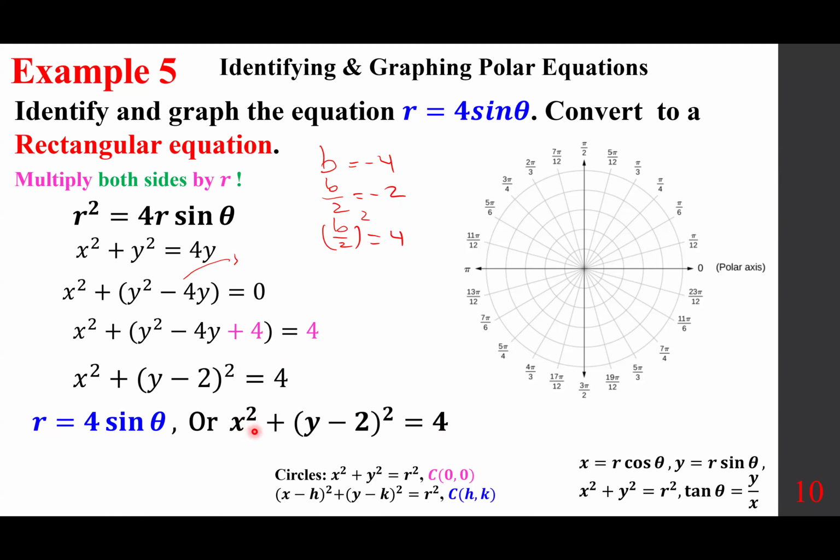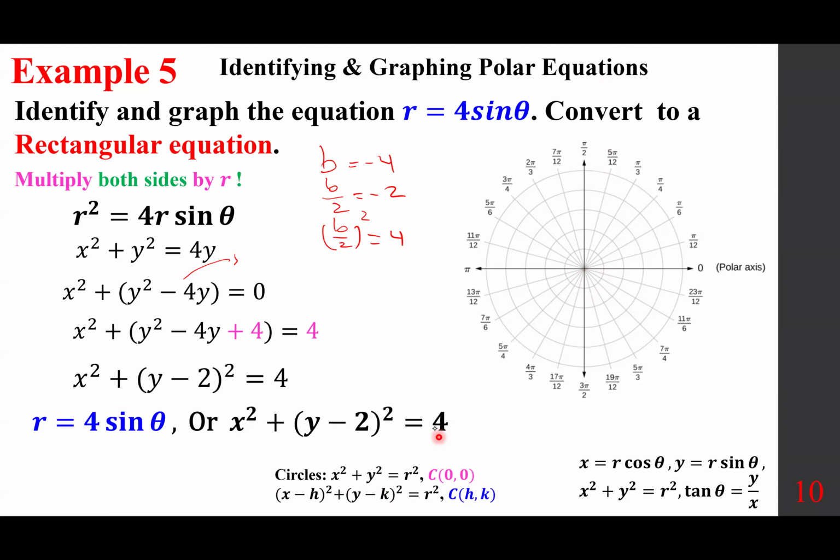Using x minus h quantity squared plus y minus k quantity squared equals r squared, it is centered at 0, 2, along the positive side of the y-axis, or as far as the angle is concerned, pi over 2.